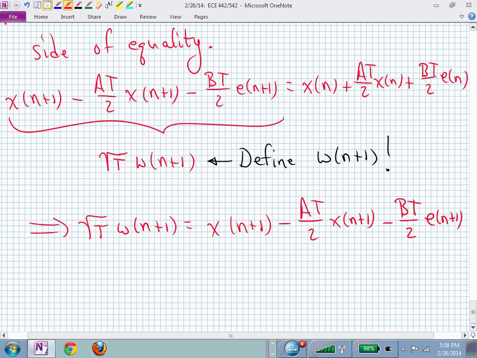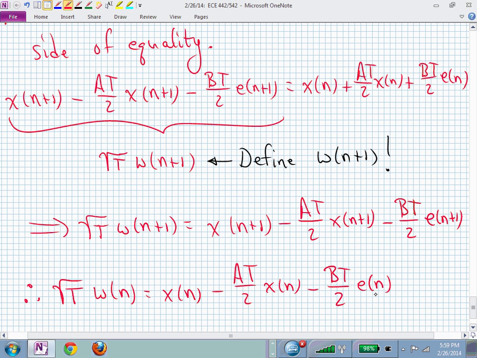But those are all at the same time index, so I could just say that w of n, x of n, and e of n have the same relationship. That tells me that the square root of t times w of n is equal to little x of n minus at over 2 x of n minus bt over 2 e of n.